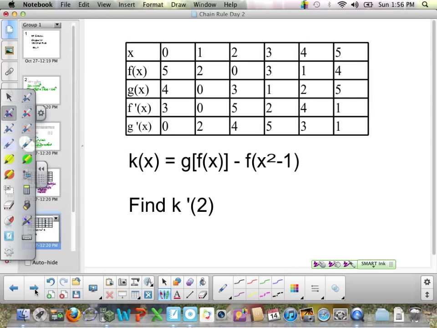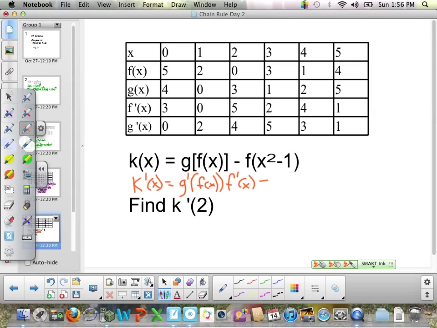All right, k of x equals g of f of x minus f of x squared minus 1. Same thing. Apply the chain rule. Here we have f inside of g. So we're going to take the derivative of the outside first. So we got g prime of f of x multiplied by the derivative of the inside, which is f prime of x.